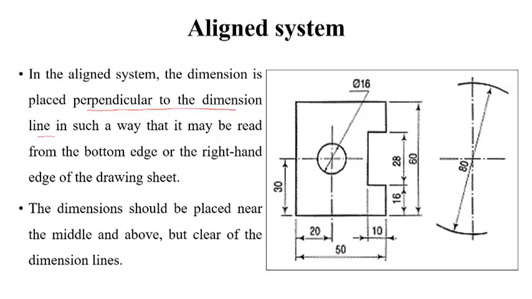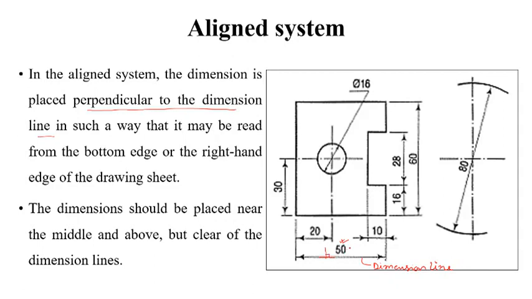When we see this is your dimension line. This is the dimension line. And these are your dimension figures. So the dimension figure, when we put it, should be perpendicular to the dimension line. So if the dimension line is this, this is your dimension figure and this is perpendicular.